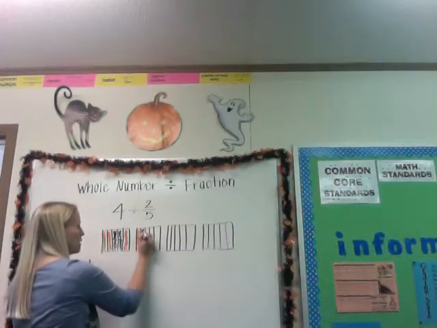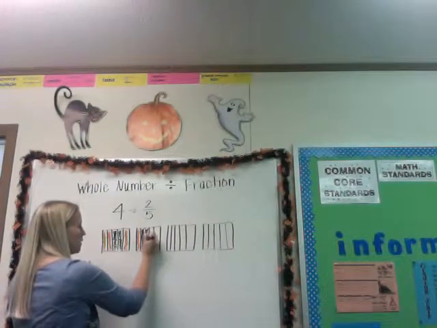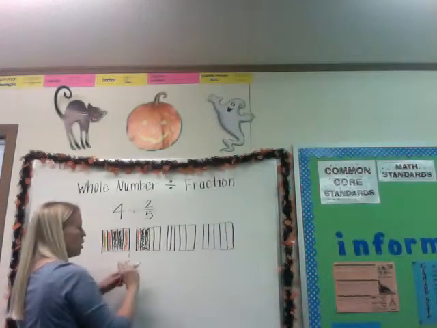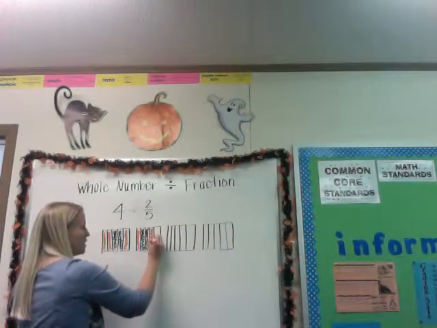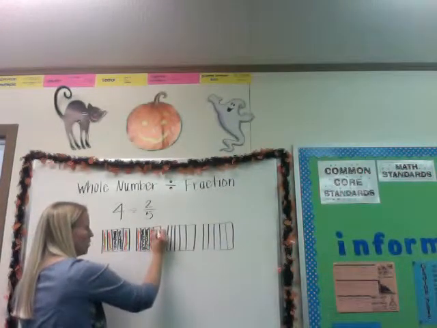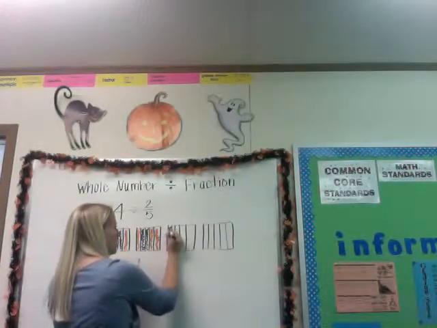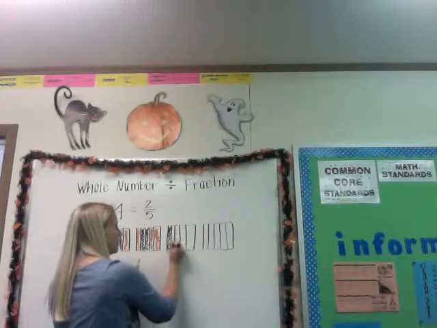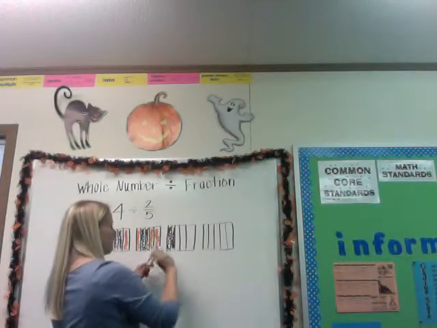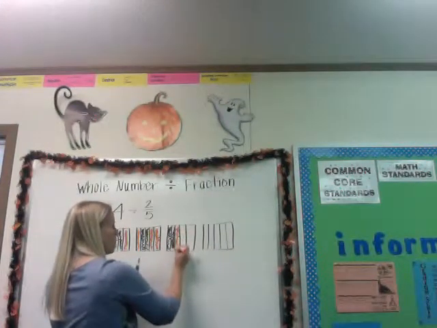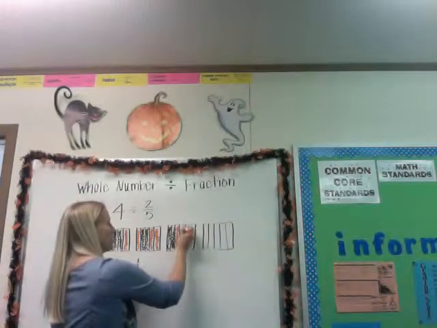If you don't have 2 different colors, you could always do solids and stripes, or some other kind of shapes is fine. So back and forth I go until I reach the end.